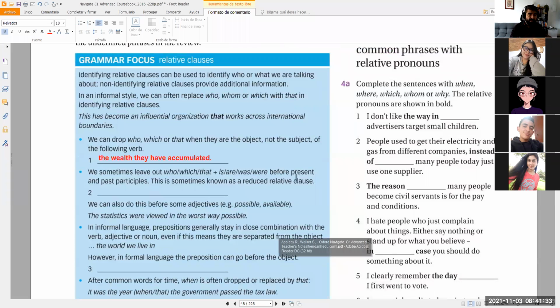So what would be the clause here in the second example? No idea? Well, that's the idea that Ana Maria gave us right before.